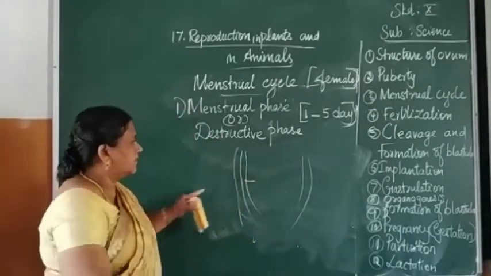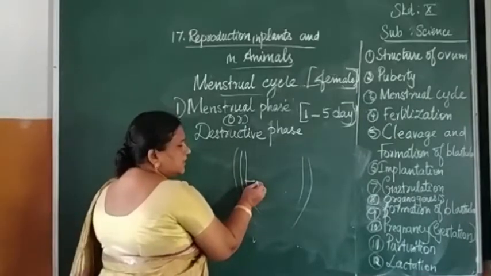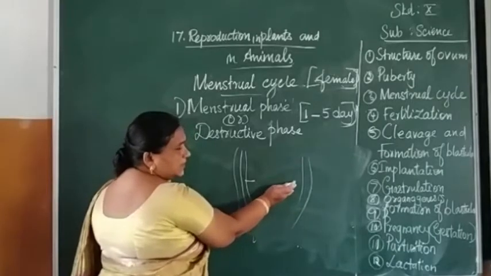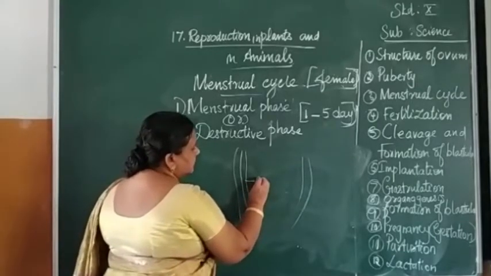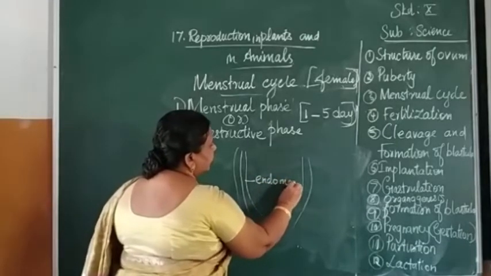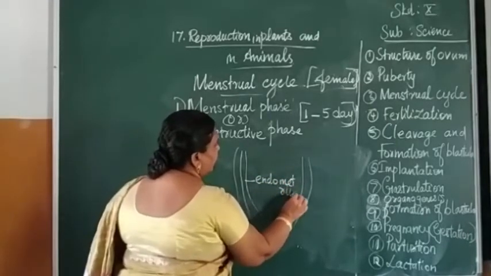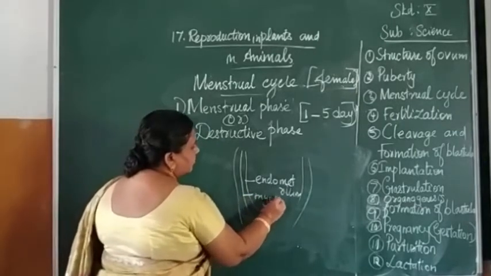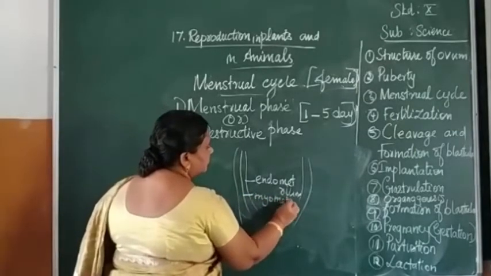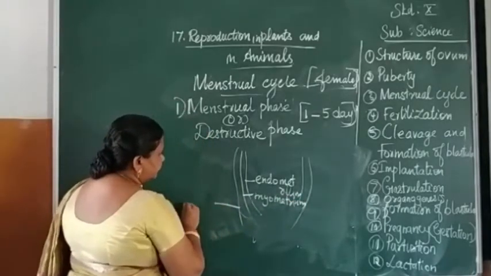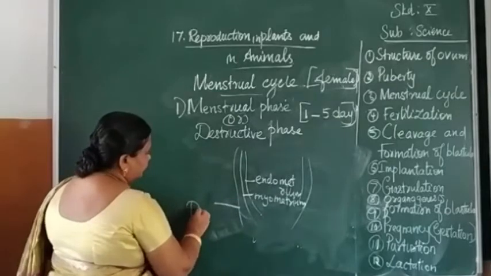The third layer, covering the uterus cavity on the interior side, is called the endometrium. The middle one is the myometrium, and the outer one is the perimetrium.